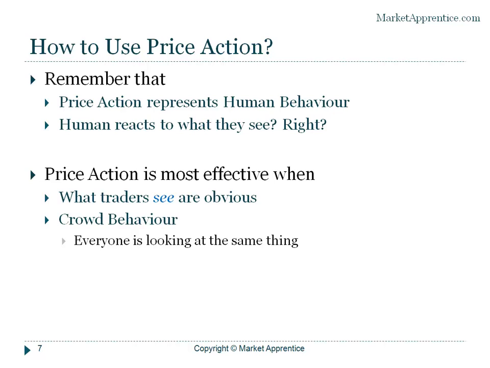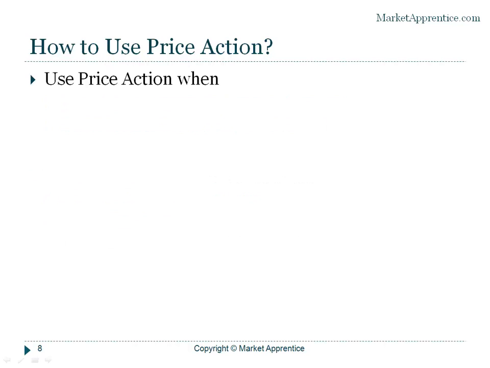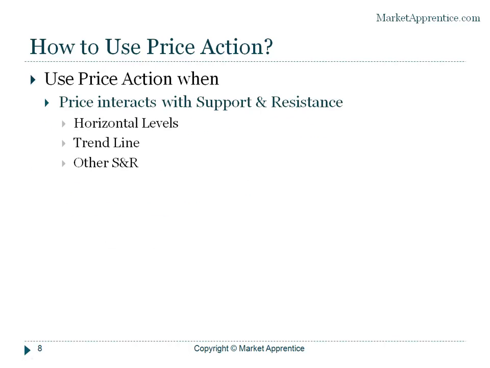This represents crowd behavior. Price action is most effective because if everyone is looking at the same thing, everyone will react to it the same way. Hence, it's important to note you should only use price action when price interacts with support and resistance, because support and resistance are what every technical trader is learning at the start of their trading career.